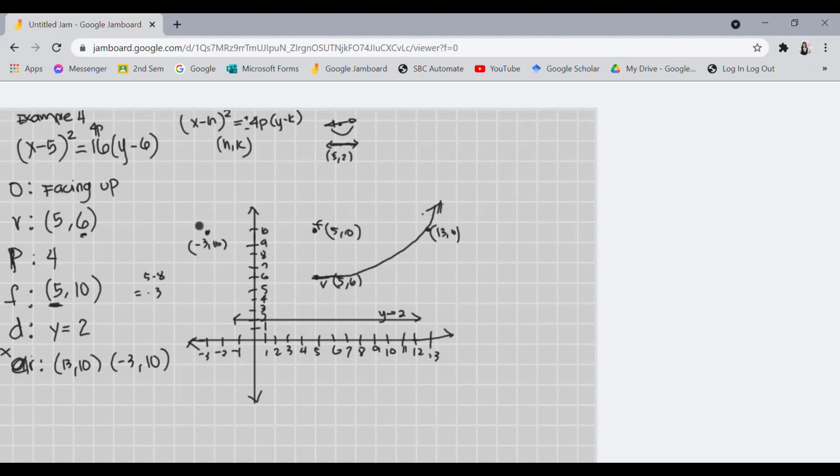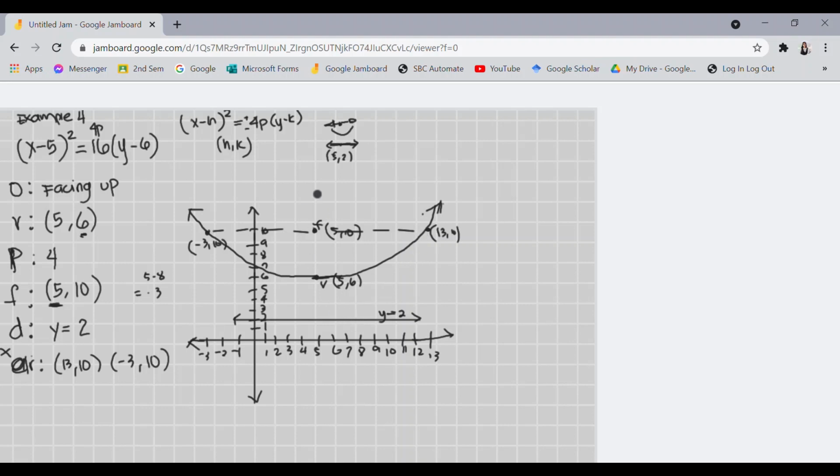Okay, so your parabola is facing up, and it has the vertex (5, 6) and a focus at (5, 10). The latus rectum has the endpoints (13, 10) and (negative 3, 10).